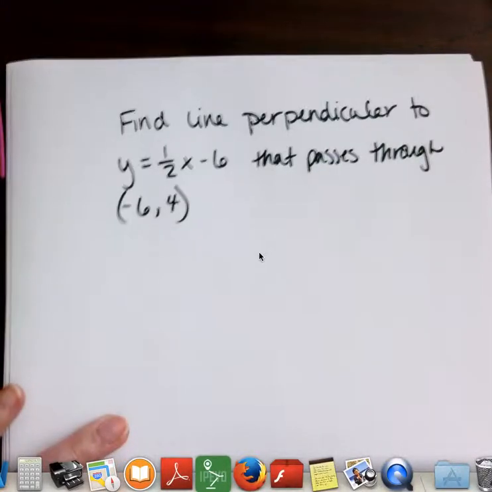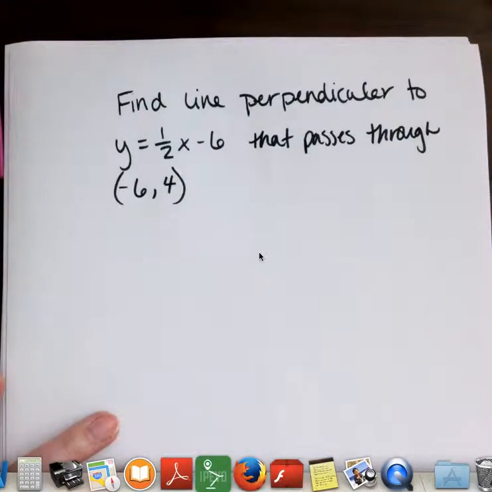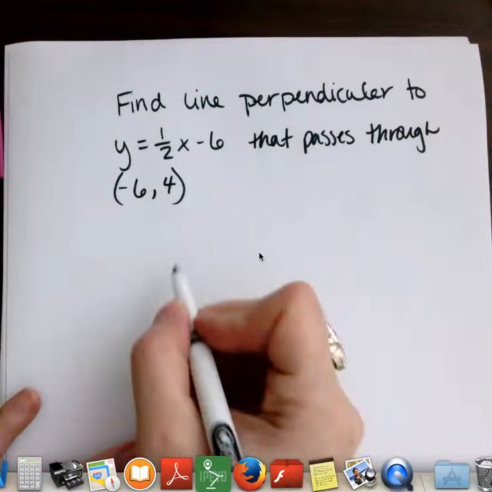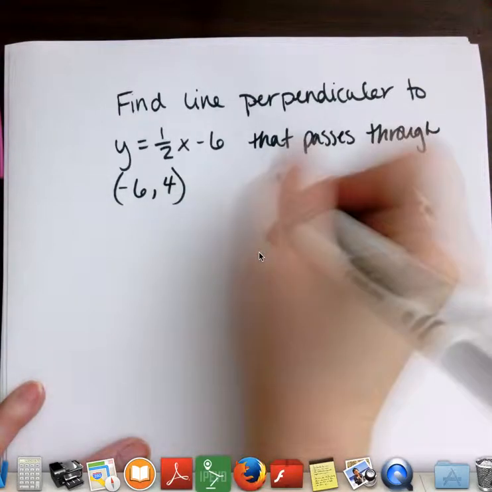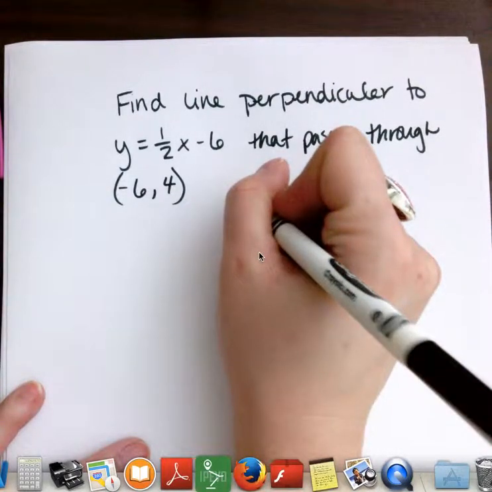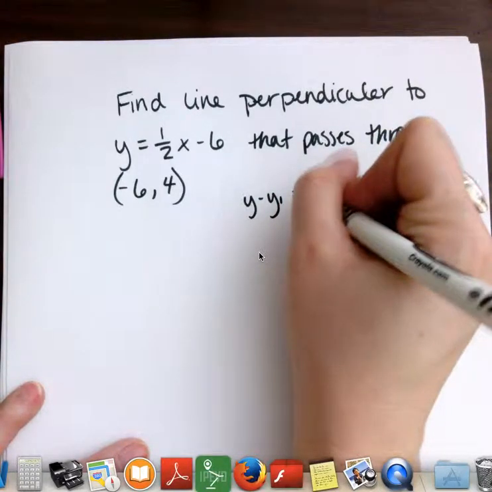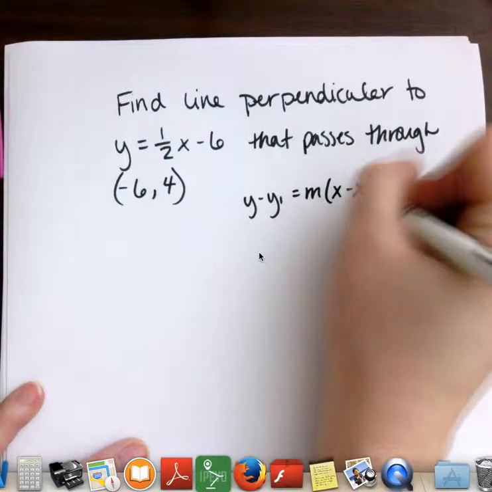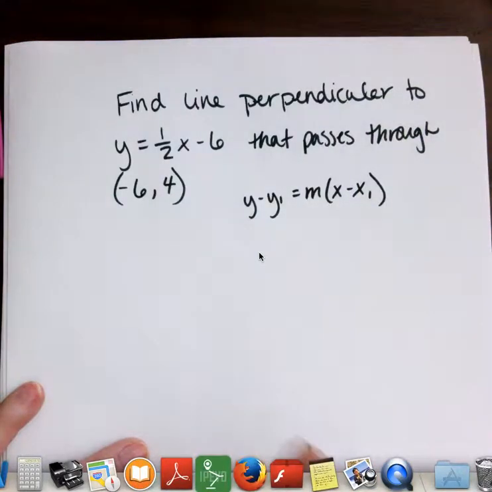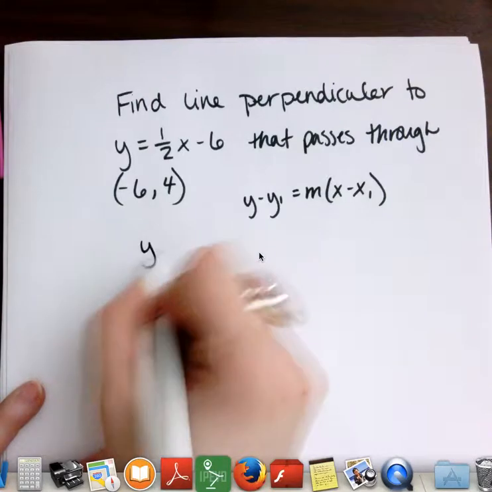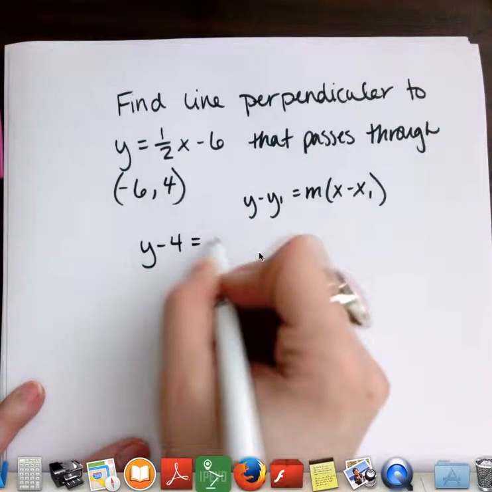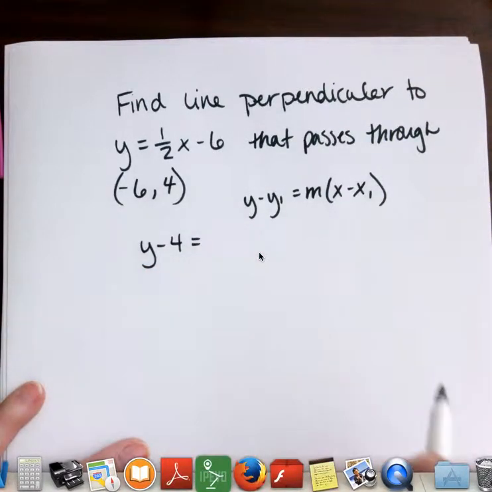Well, I've got to plug these in. So again, point-slope form is y minus y1 equals m times the quantity x minus x1. So if I'm plugging these in, I've got y minus 4 is equal to my slope here.